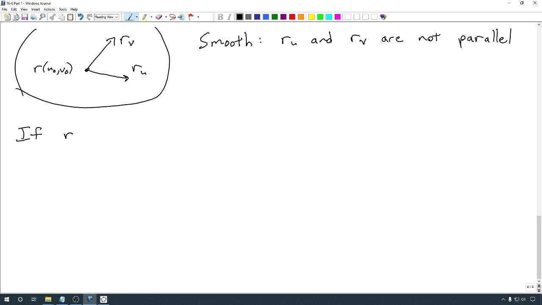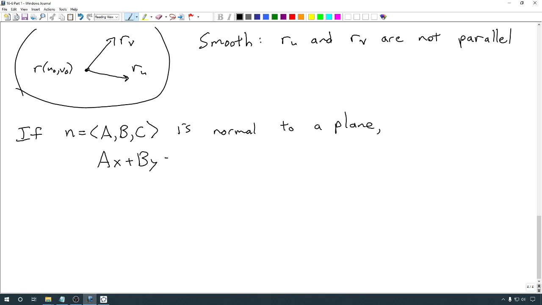So if some vector here, this is going to be an n, let's just say this has components of a, b, c. If this is normal to a plane, then an equation for that plane will look something like ax plus by plus cz equals d for some number d.